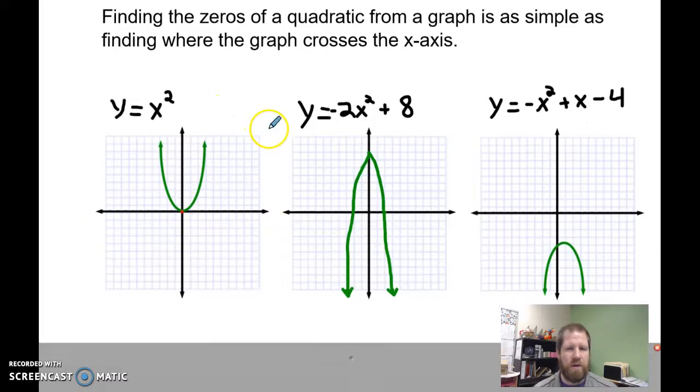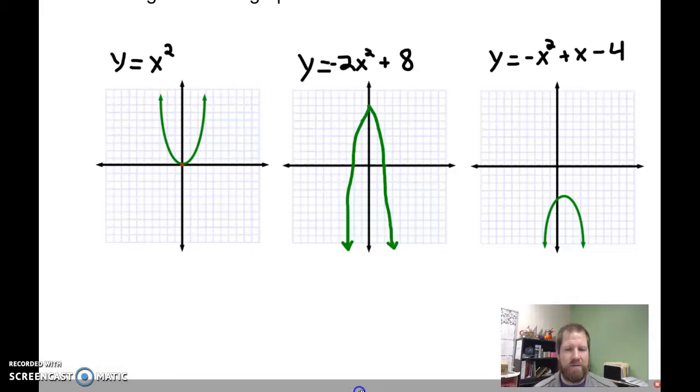Okay, and then what we're going to do is we're going to check it. Okay, it's important to check it because sometimes the graphs don't hit right at a specific point, or sometimes it looks like it's on one point, but it actually is slightly over. Okay, so it's a good idea to check it.